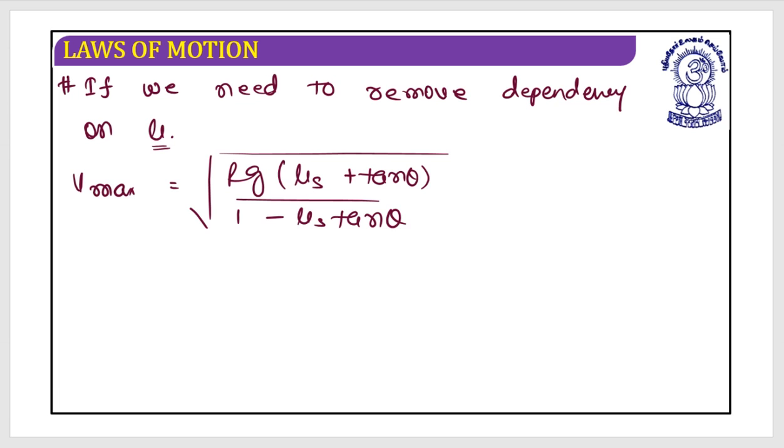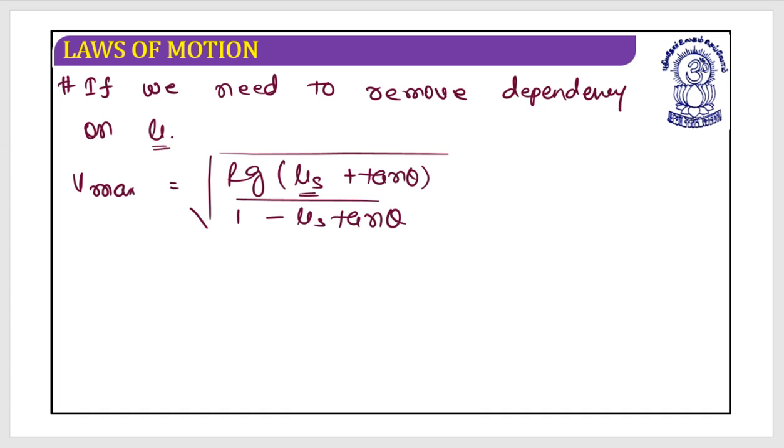Yes, what mu s is, we say it is the coefficient of static friction. Now what parameters will provide the mu s? Then we will say a certain components of n cos theta and all that stuff will provide the mu s. But if I want that dependency on the mu s should be removed, what would be the Vmax?